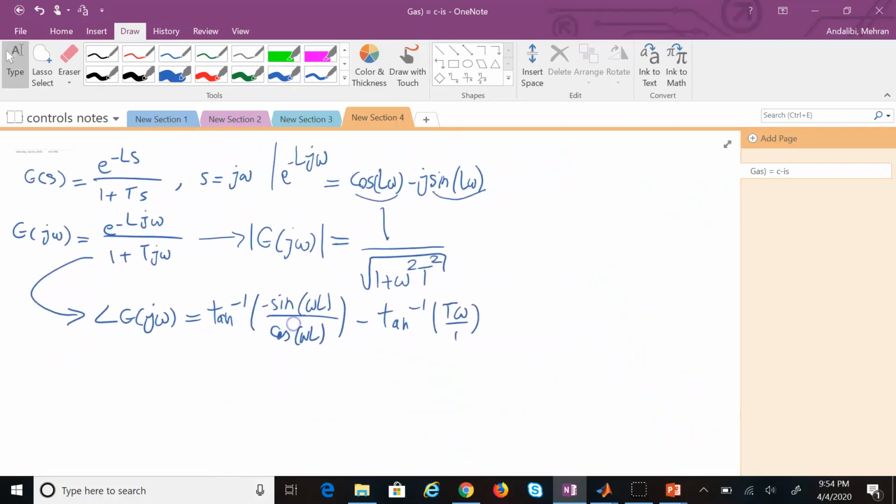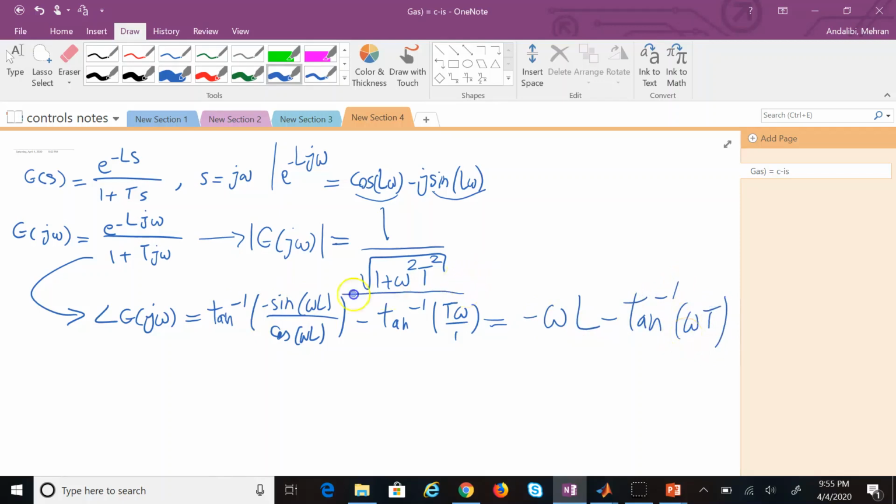So if I simplify it, what is it? You know this is sine over cosine, which is tangent, and tangent inverse and tangent would cancel out. The negative comes out, so it is going to be negative omega L minus tangent inverse of omega t.